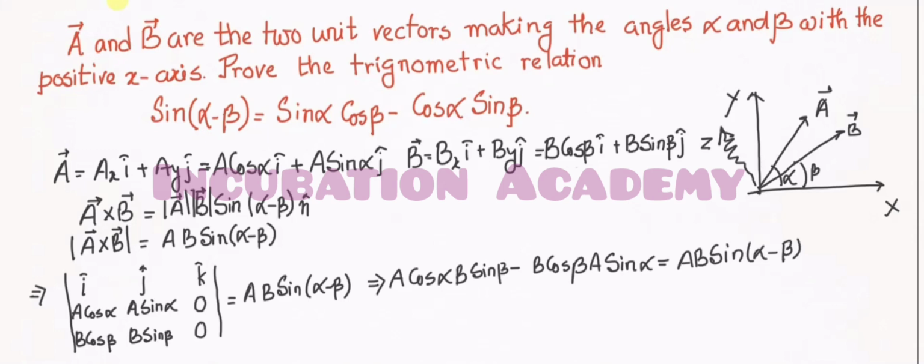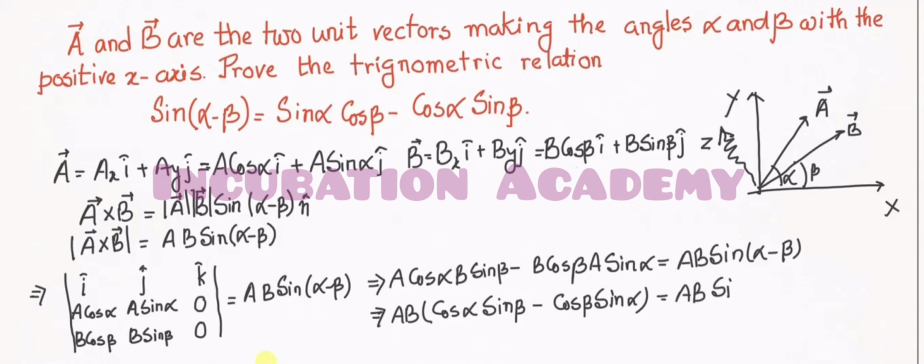Okay, so after that, if we take this AB common, then this will become cos alpha sine beta minus cos beta sin alpha. So this becomes AB sine alpha minus beta.